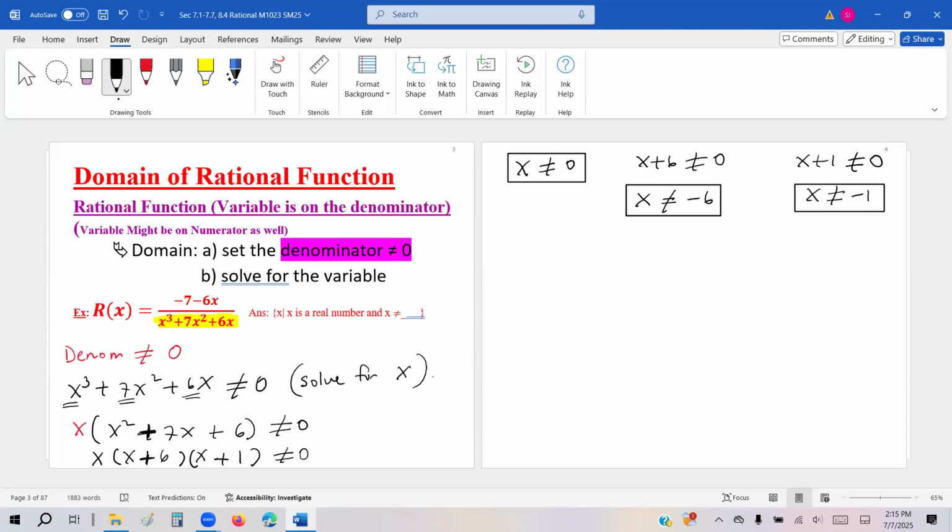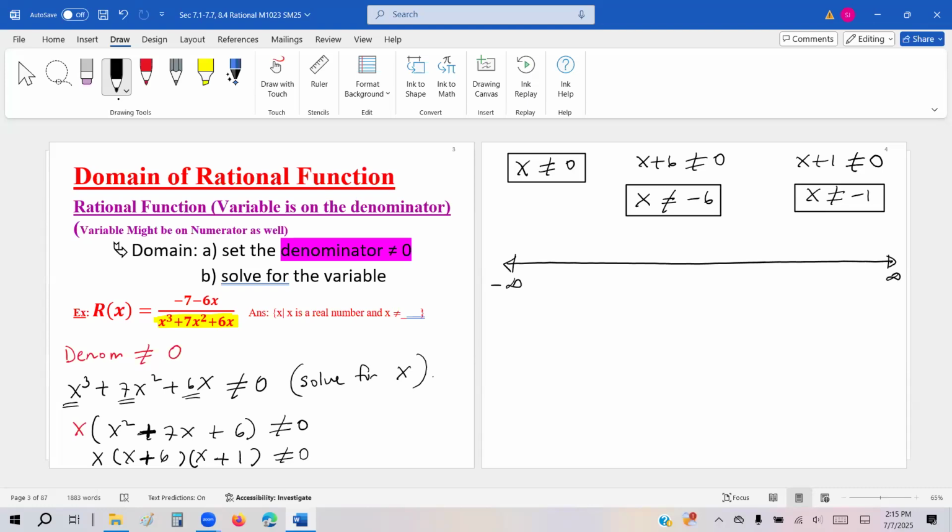In other words, from the number line, we can substitute x with any number except 3 numbers: 0, -6, and -1. We cannot use these from the number line. So our number line has -infinity, the smallest number, to +infinity, the largest number.